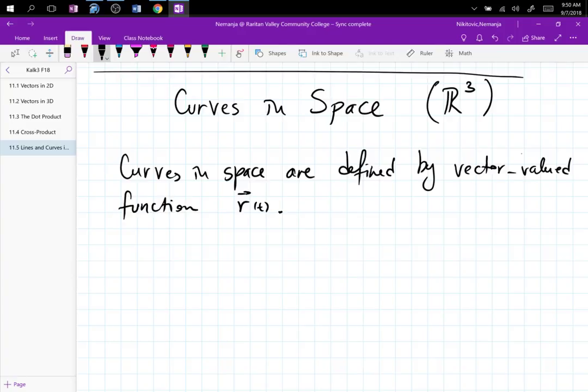Very important part, they are oriented. Because the extra parameter gives extra degree of freedom, which manifests as orientation of the curve.